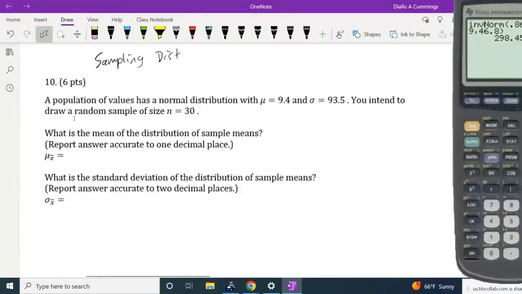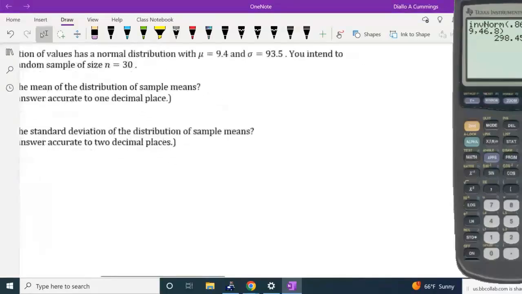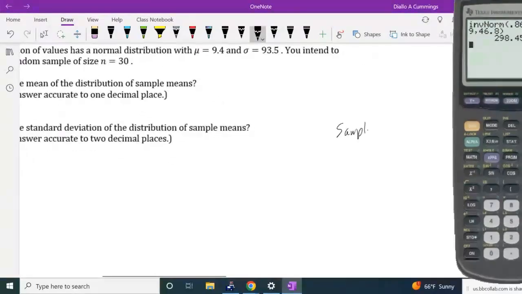If you remember back when we talked about the formulas, if it was a sampling distribution, there were a couple of formulas. The mean of your sampling distribution is equal to the mean of your standard distribution. So this little subscript makes it a sampling distribution, right?